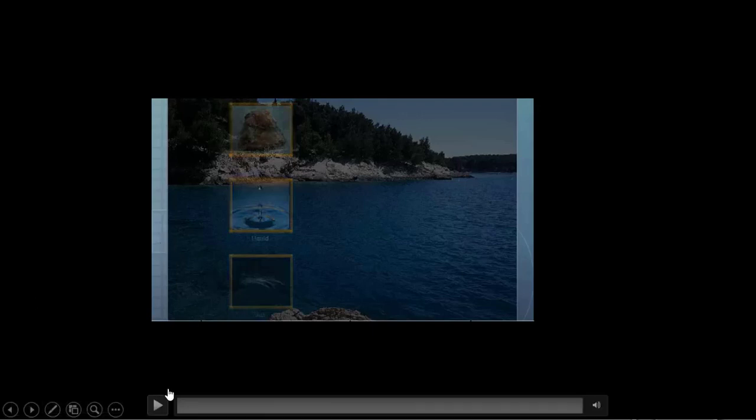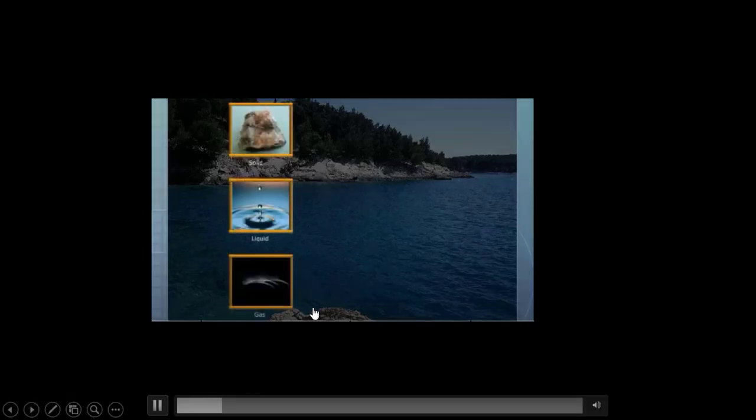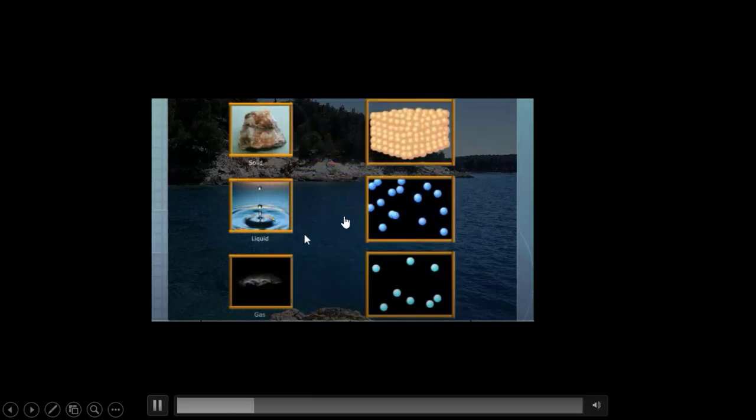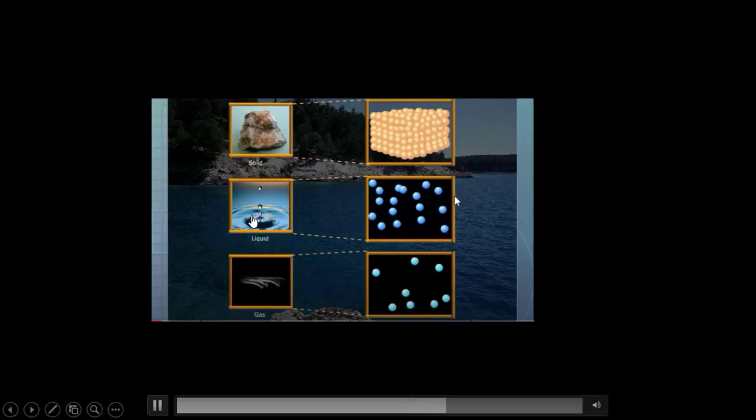So we have a very small video here to also help us see how the arrangement of particles is. As you can see, that is a video to show a solid. There is a stone there. This is how the particles of the stone are packed closely together, very fixed. Then the second one is a liquid, definitely water.